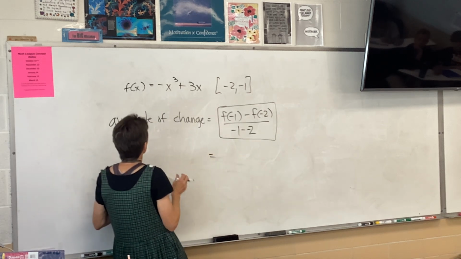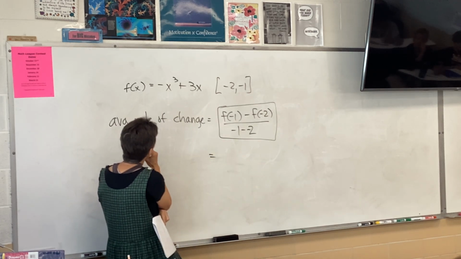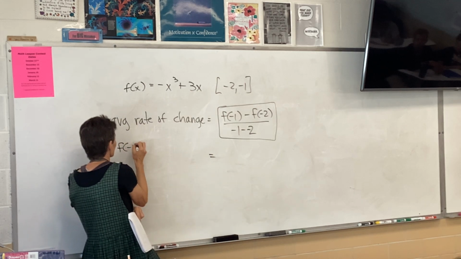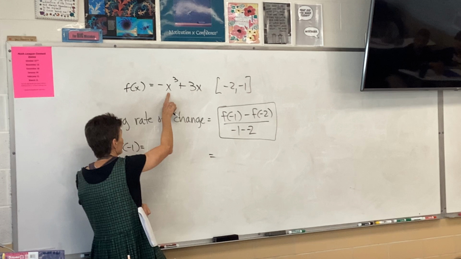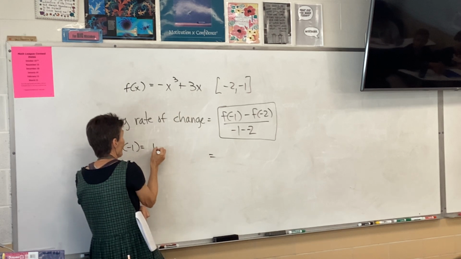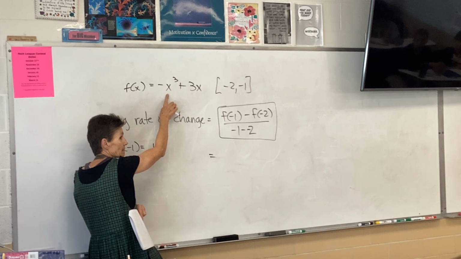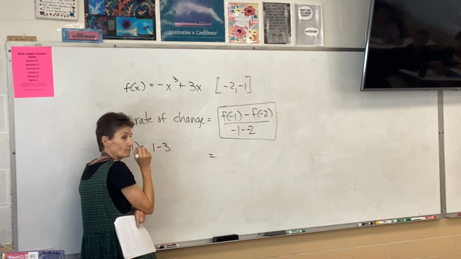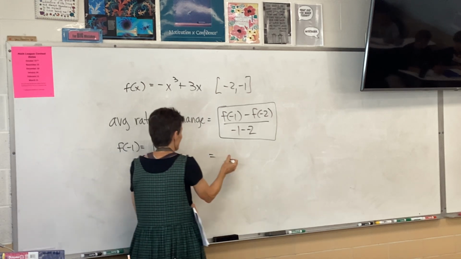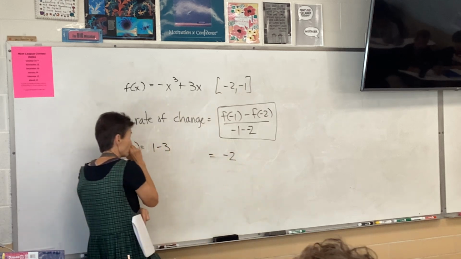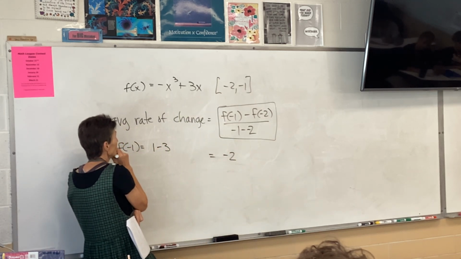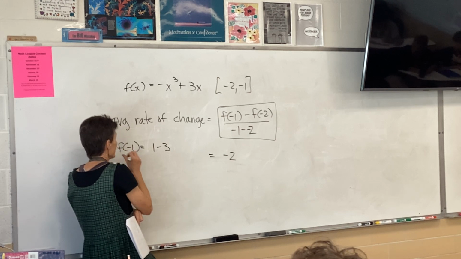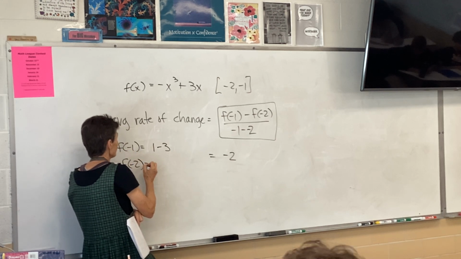All right, so what's f of -1? Watch it. This is going to be +1, isn't it? Yeah. And then that'll be -3. Yeah. So that's going to be -2. F of -1, plugging it in here. Yep. And then I need f of -2.